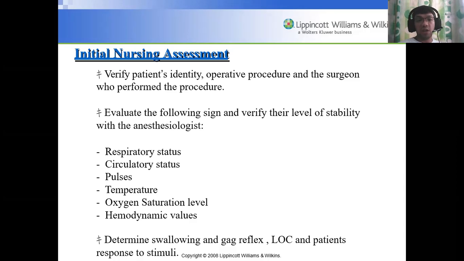Aside from the vital signs, we need to check their O2 saturation levels and check their blood values as well. We also need to determine the swallowing and gag reflex in order to check for their ability to take in food. That's the purpose of that. Level of consciousness and the patient's response to stimuli is also very important.